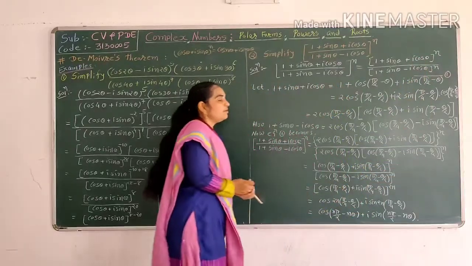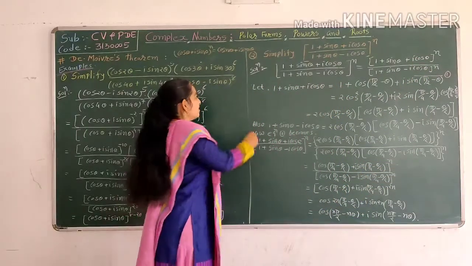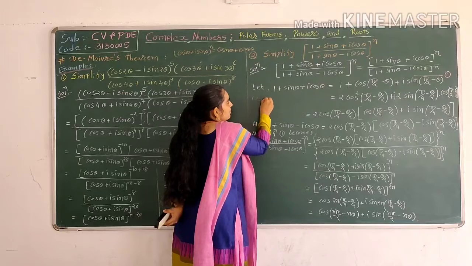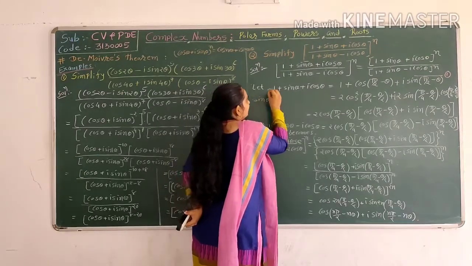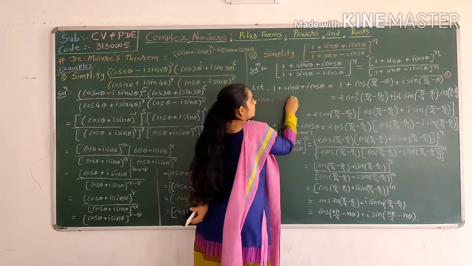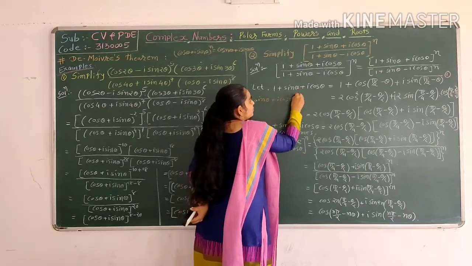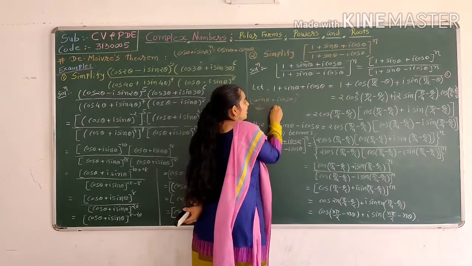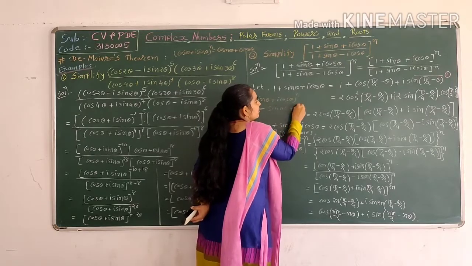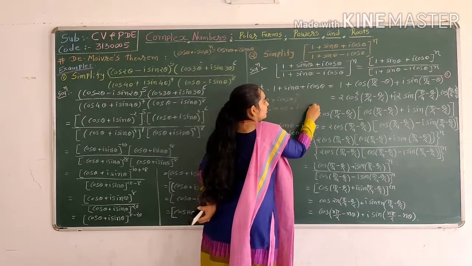Now we know the remark: (sin θ + i cos θ)^n, we cannot write as sin nθ + i cos nθ.